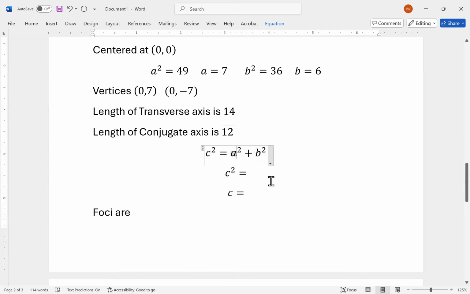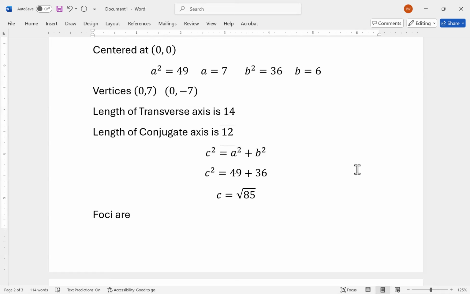And then C squared is equal to A squared plus B squared on a hyperbola. In this case, that's 49 plus 36, and 49 plus 36 is equal to 85. So C is going to be the square root of 85.